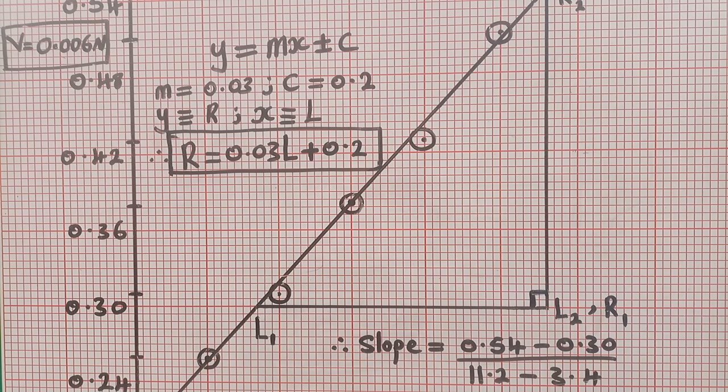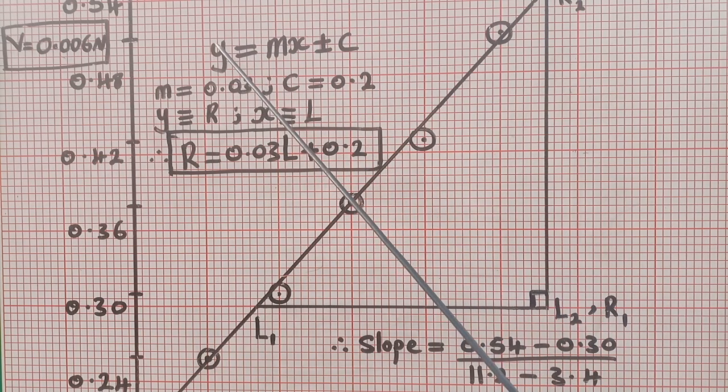And also having known that this x is an independent variable which is to be plotted on the horizontal axis, we then replace this x with L because L was plotted there.